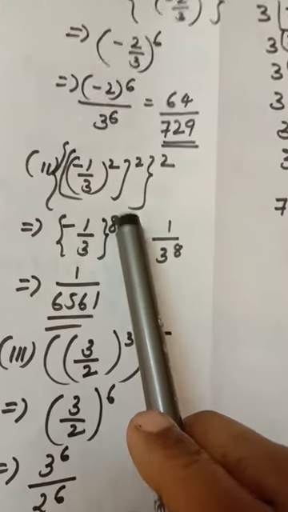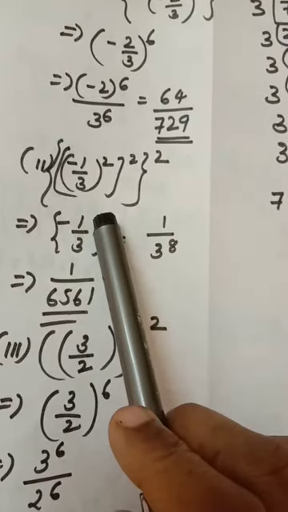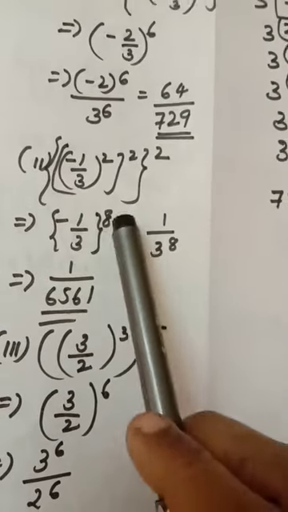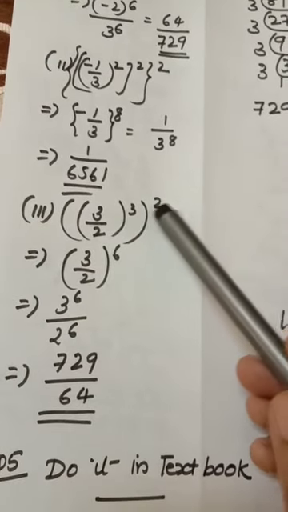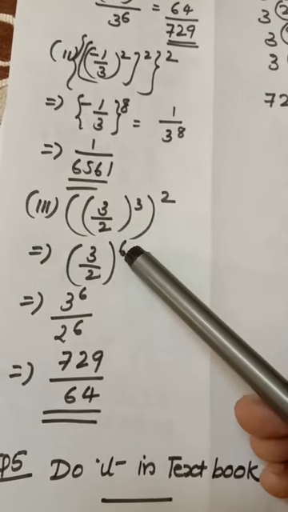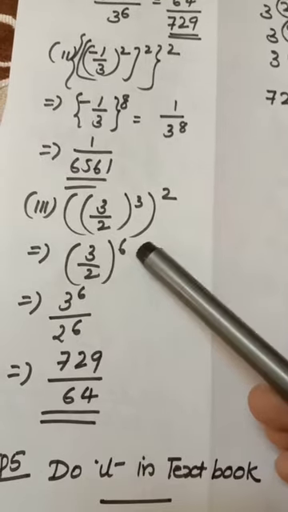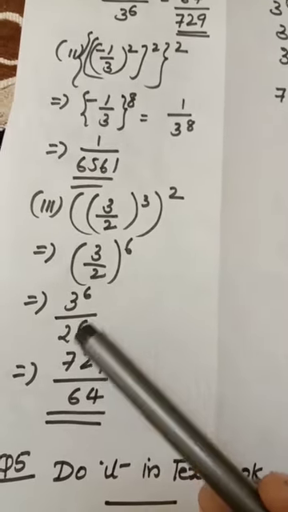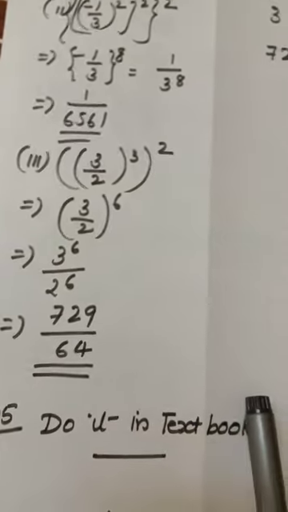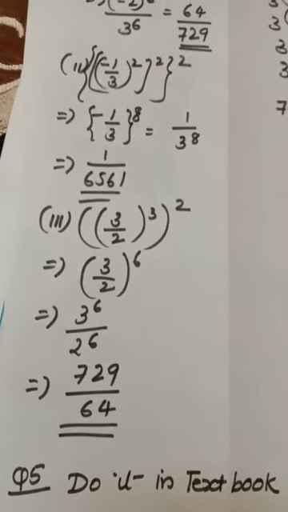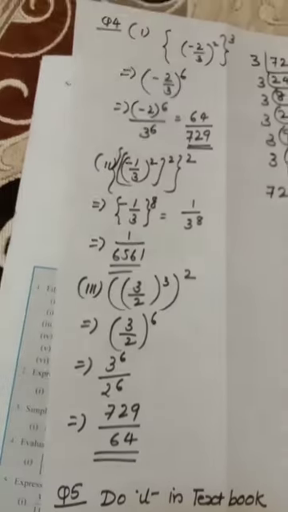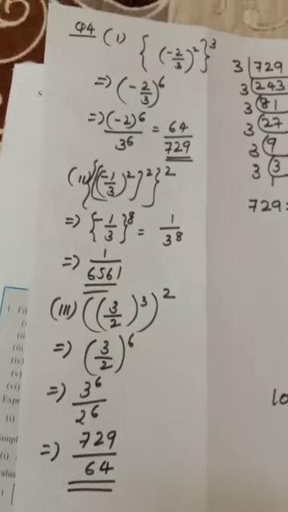Minus 1 raised to an even power, then 1 only. 3 raised to 8 is 6561. 3 twos are 6, 1 base 2 power you have to multiply: 3 raised to 6, 2 raised to 6. Multiply 3, 6 times, 2, 6 times. Okay, question number 5 you have to do in your textbook only. I hope everybody understood. Clear, children?